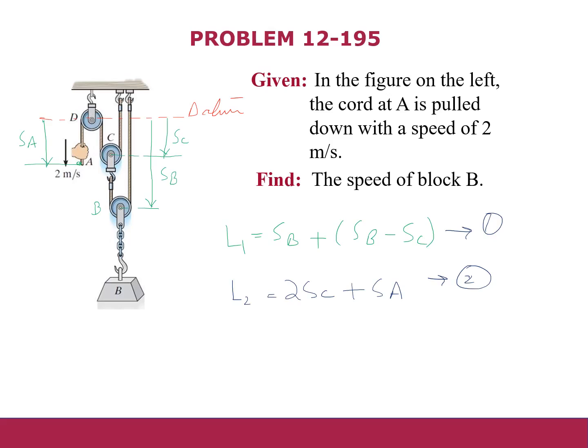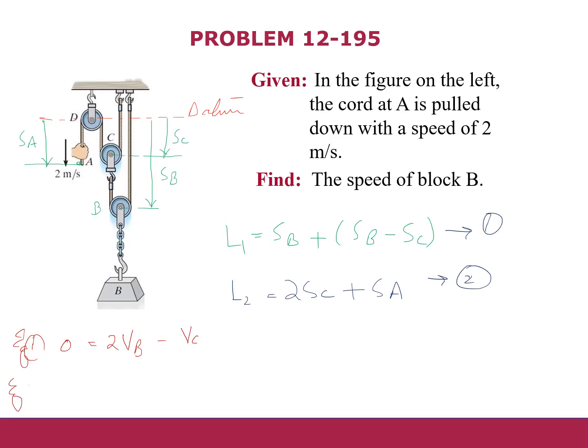Then we will take the first time derivative. So equation 1 will become 0 is equal to 2VB minus VC, right?